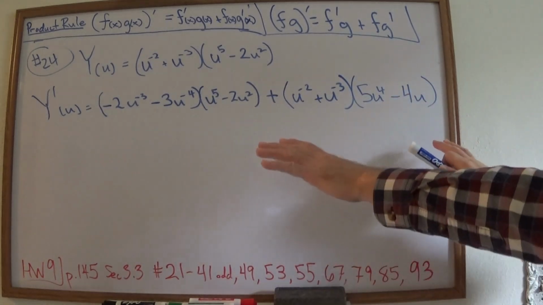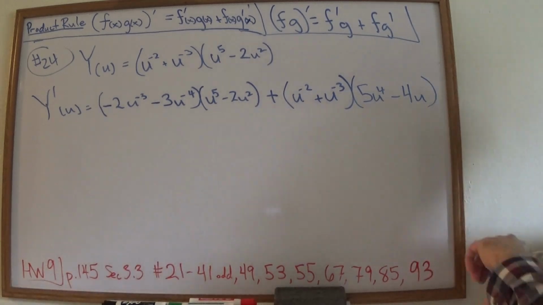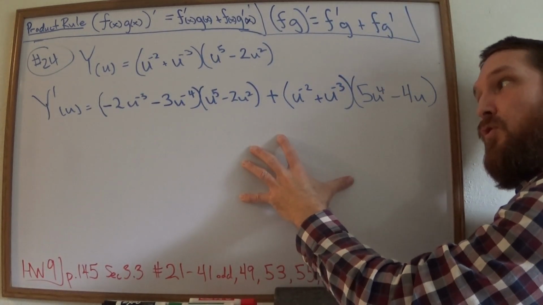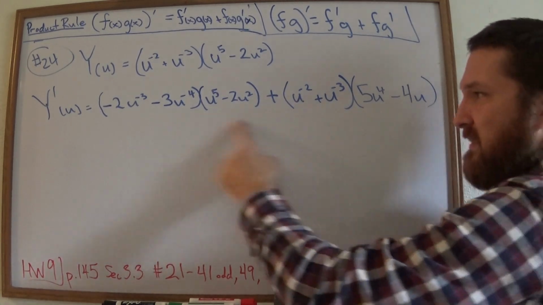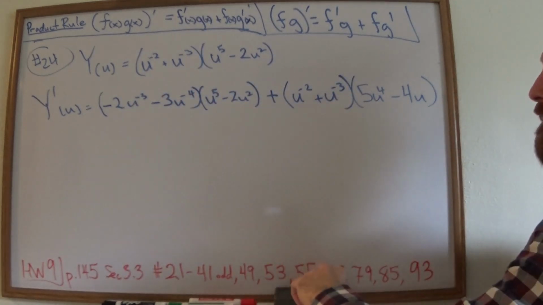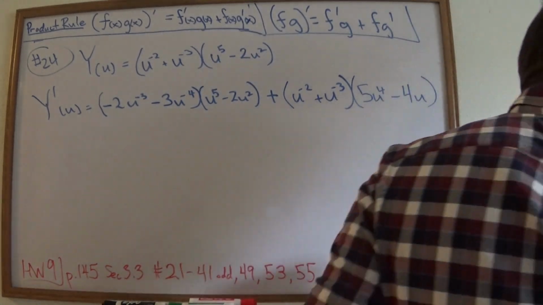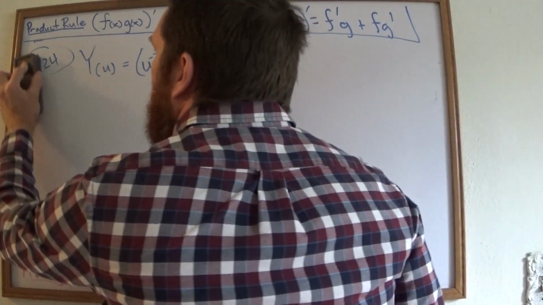This is a perfectly good answer as far as I'm concerned, unless I tell you to multiply it out and cancel, or if you had this over something, then you might want to see if something cancels. But as a rule of thumb, if this is where you are, you're good. Just leave it. Plug that into a computer and it'll grab it for you. So, everybody with me on that? Okay.